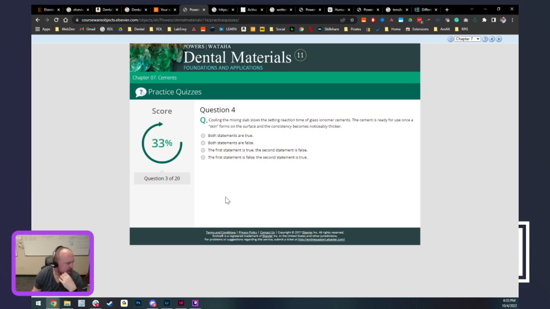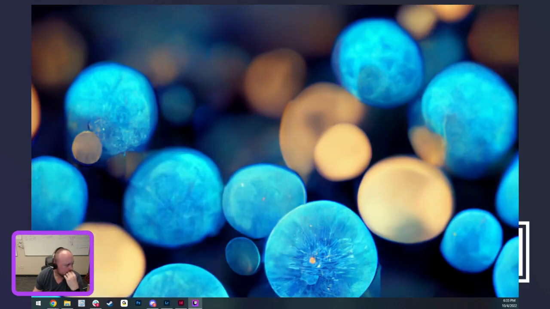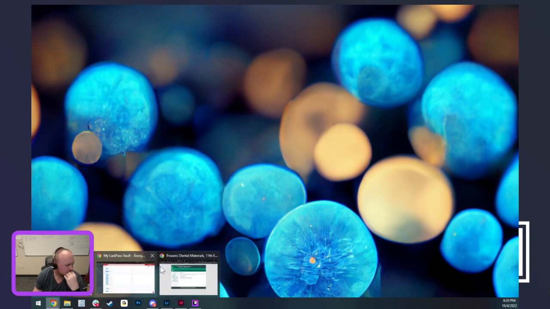Cooling the mixing tab slows the setting reaction time of glass ionomer cements. The cement is ready for use once a skin forms on the surface and consistency becomes noticeably thicker. Are cements even in our study thing?